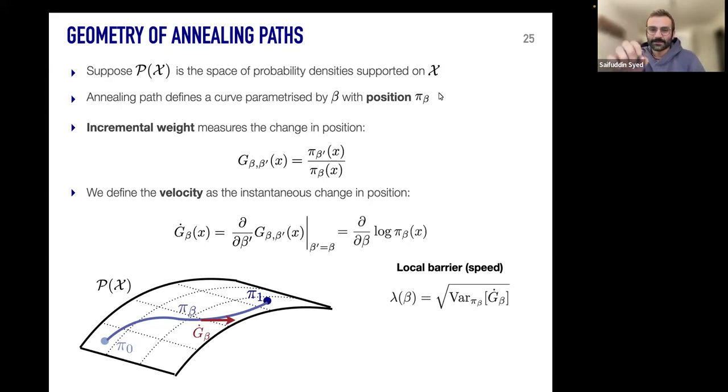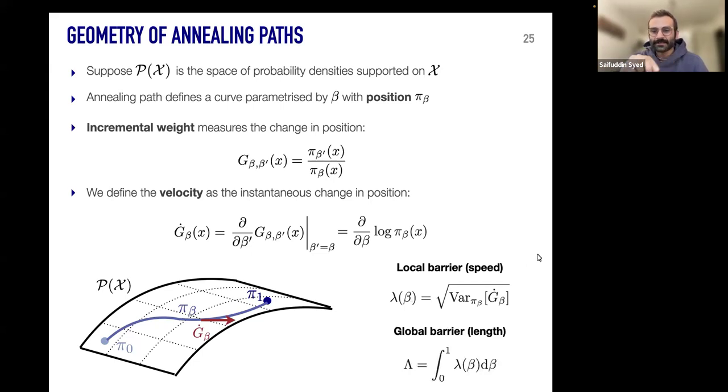If I have a magnitude of a velocity, this gives me a speed. We call this the local barrier, and we'll see later why that's the name. In some sense, you can interpret lambda of beta as how sensitive our annealing distribution is to small perturbations in beta. So this gives us how rapidly our distribution is changing if I perturb beta by a small amount.